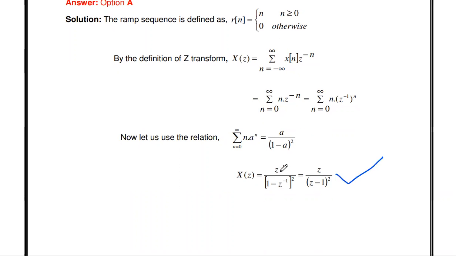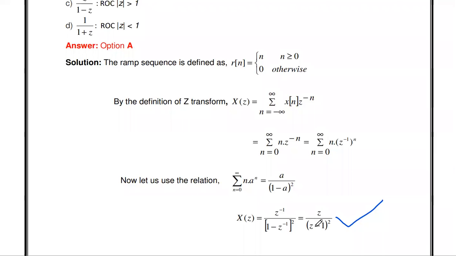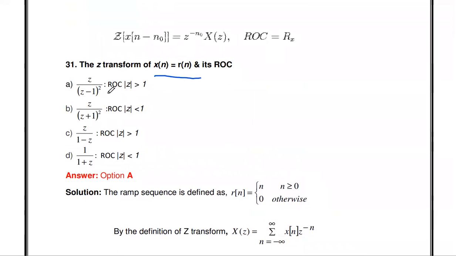Calculating, we get z inverse by 1 minus z inverse the whole square, or rearranging, z by z minus 1 the whole square. This is the answer, and the ROC is modulus of z greater than 1. This is the Z transform of the unit ramp signal; r of n means the unit ramp signal.